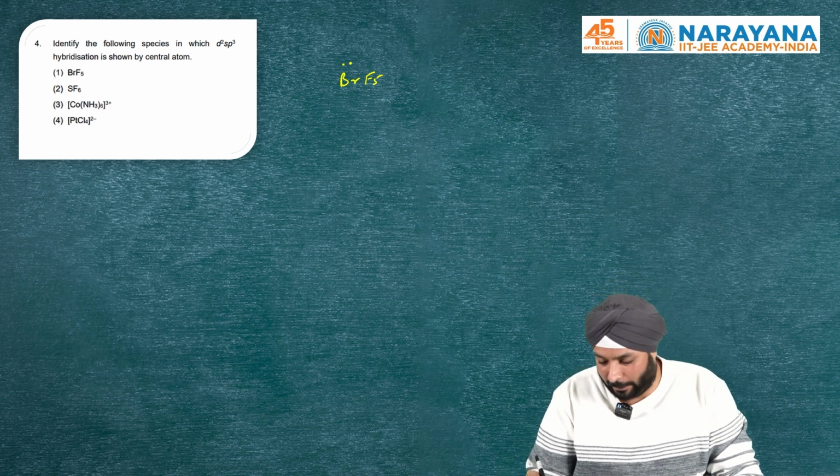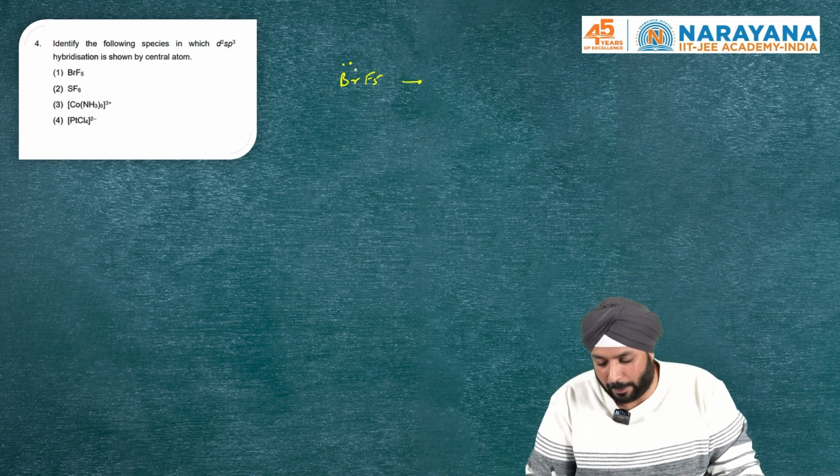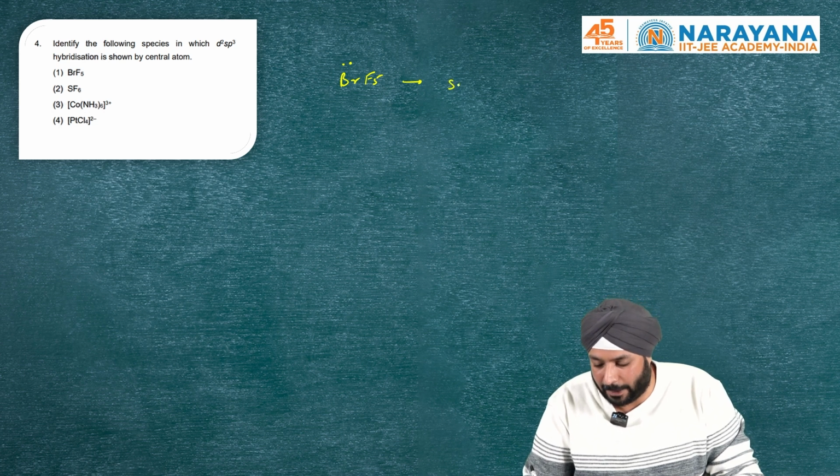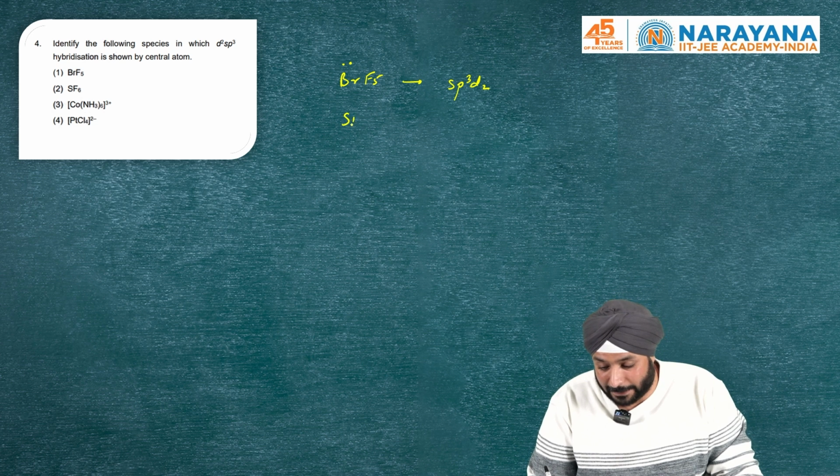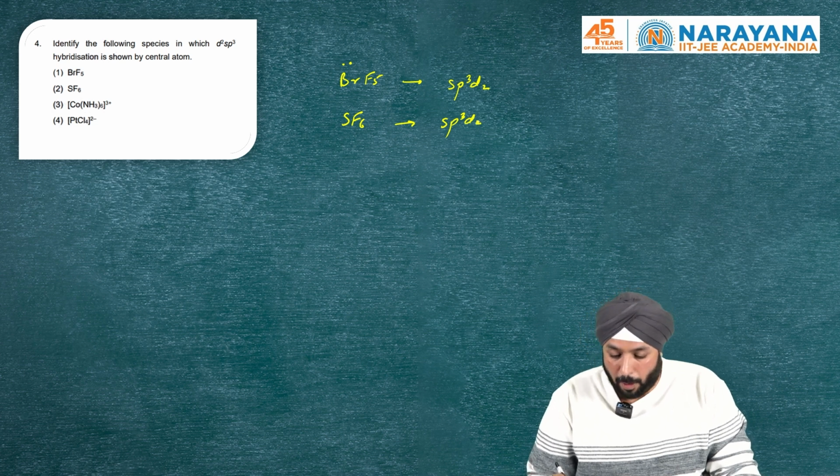Anyways, BrF5, I have one lone pair, 5 bonds. The hybridization should be sp3d2. Then you have SF6, all the electrons are forming sigma bonds. Again, hybridization is sp3d2.